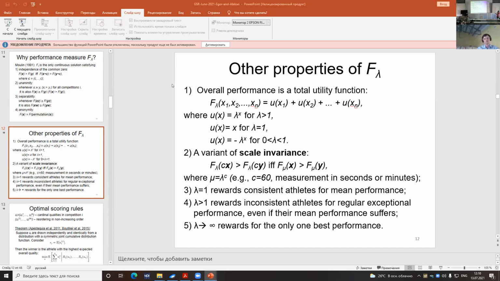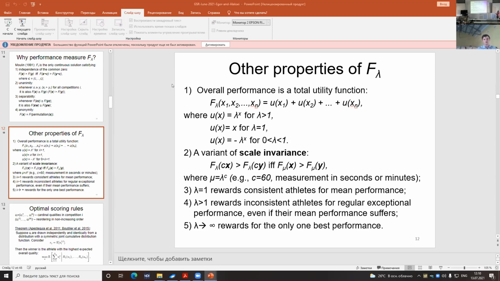For instance, scale invariance, which means that it doesn't matter how we measure finishing time, in seconds or minutes, taking into account that the organizer must appropriately change this parameter lambda if they want to measure finishing time in minutes rather than seconds. What is interesting is that lambda equal 1 rewards consistent athletes for mean performance, because as we saw, it's just the sum of finishing times.